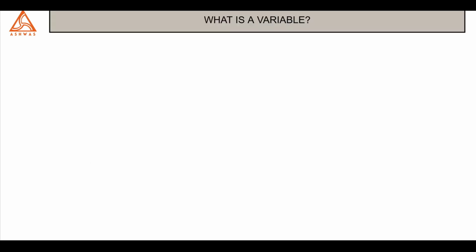If you recall, in our previous lesson, we learned about identifiers and literals. We said that identifier is the label, that is a name given to any part, while literal represents the value. These two, when put together, form one more entity, and that is a variable.